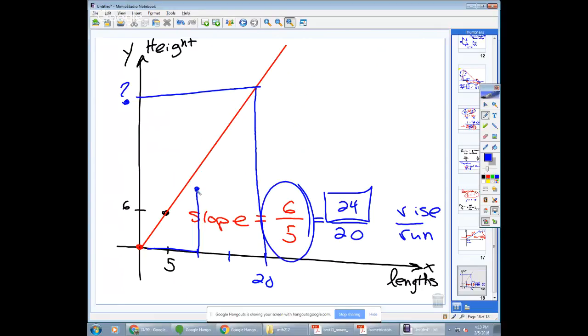So what's 6 over 5 as a decimal? Anybody? 1.2. 1.2, okay. So 6 over 5 is equal to 1.2. And I could write that as a fraction by calling it 1.2 over 1. So what that tells me is if I rose just by 1.2, I would only have to do a run of 1 to stay on the line.